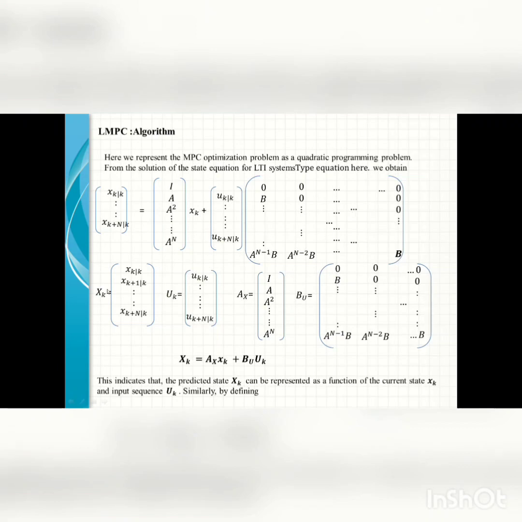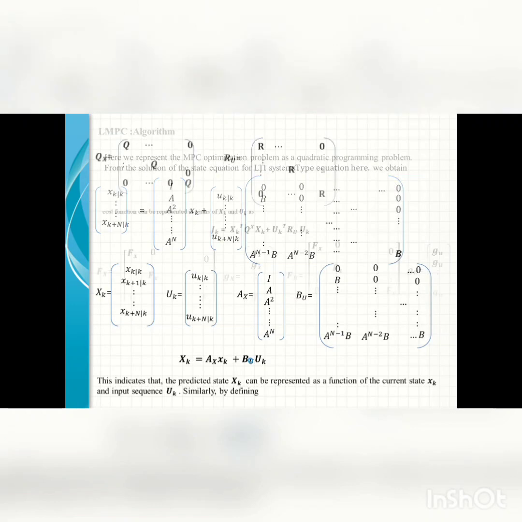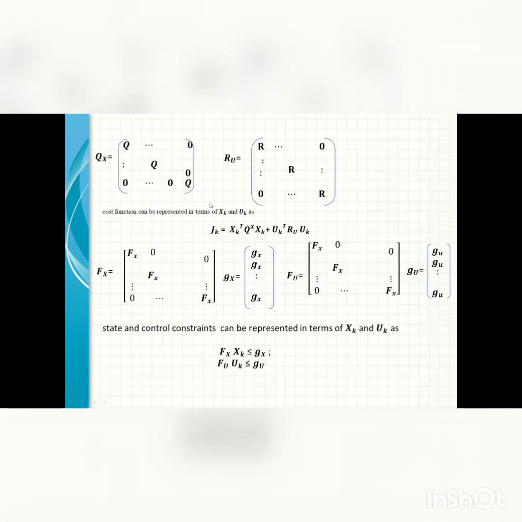These are x k plus 1 and u k. Here we are discussing the kth instant. The objective function is defined like this, and these are the constraint matrices.